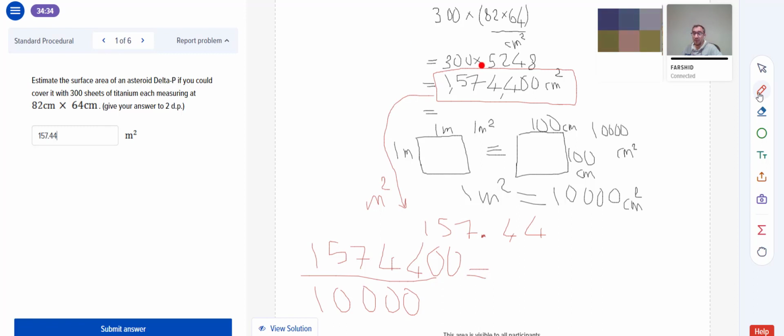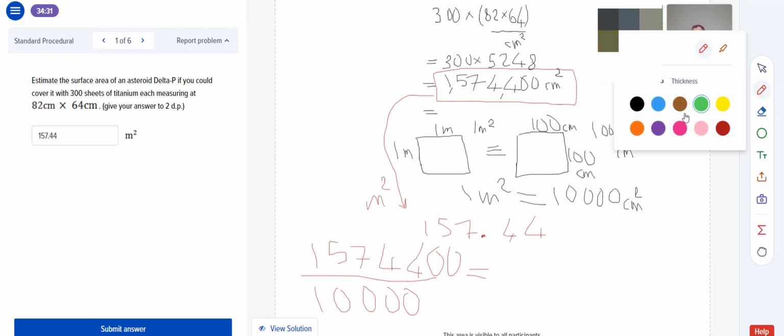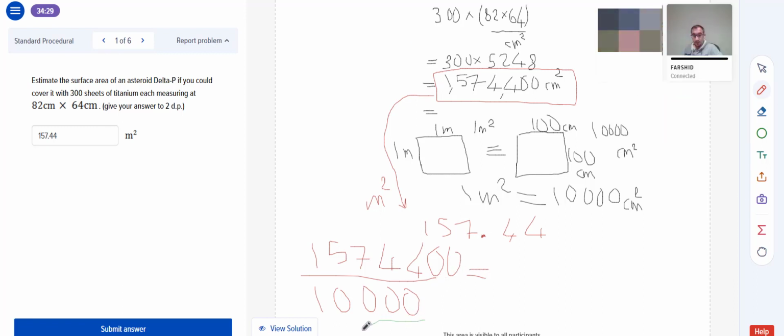It means that you move the decimal point to the left for 4 digits. 1, 2, 3, 4. See, it should come here. So then it will become 157 decimal point 44, isn't it? Yeah, okay. All good.